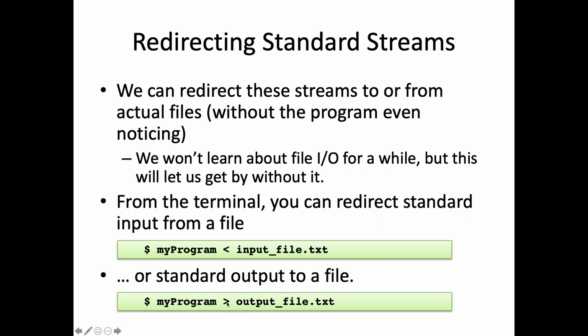If we use a greater than sign instead, then whenever it tries to send output to the terminal, it'll really go to this file instead. This is kind of handy for being able to run a program and test it with particular test input. We use this all the time when we're testing our programs. And like I said, until we learn how to write our own C code to read and write files directly, this will be our way of doing file I/O, just using the standard terminal I/O calls. Questions before we move on?